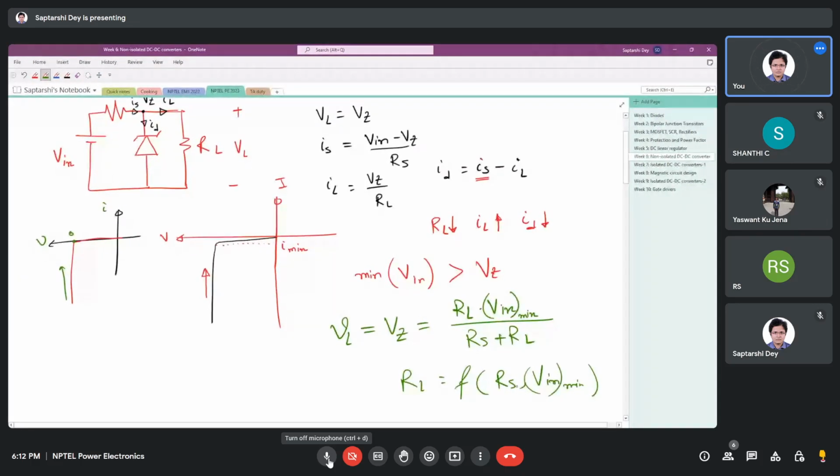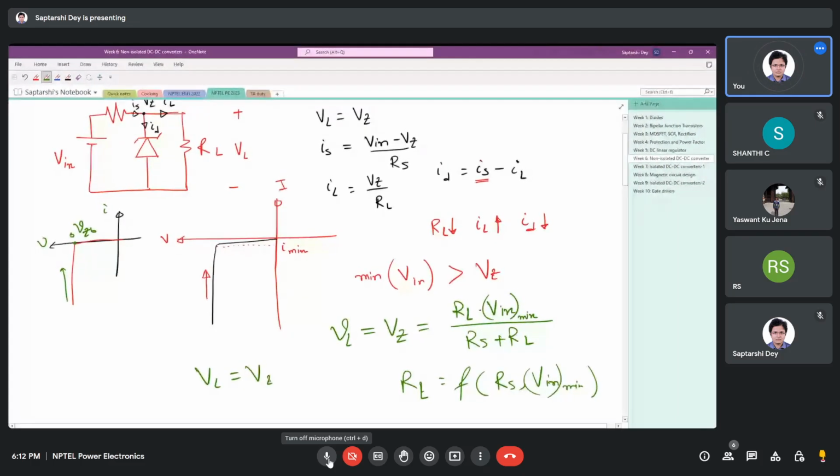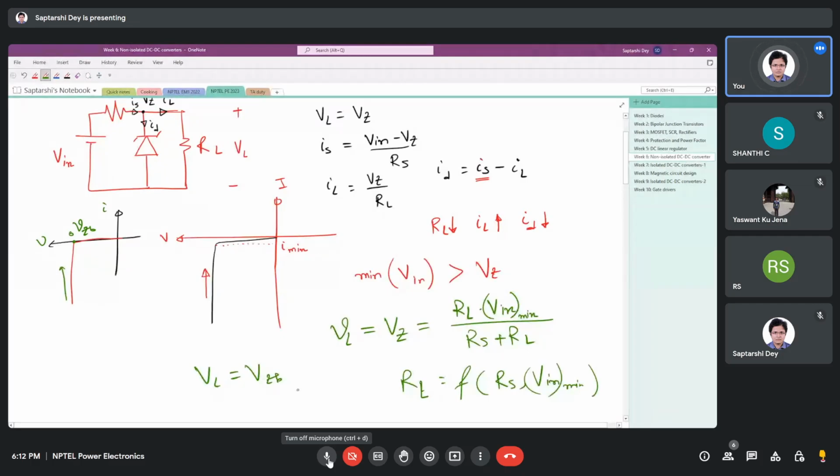Now you put your RL like this. At the minimum source voltage, the load voltage equals the Zener breakdown voltage. If I write it as VZB, then the load voltage equals the Zener breakdown voltage.